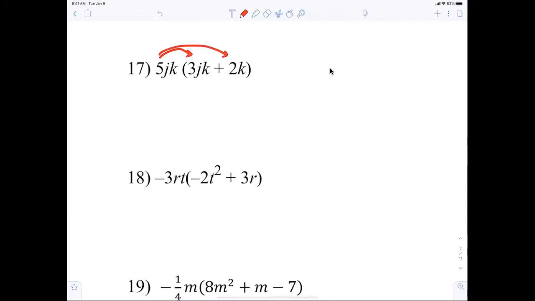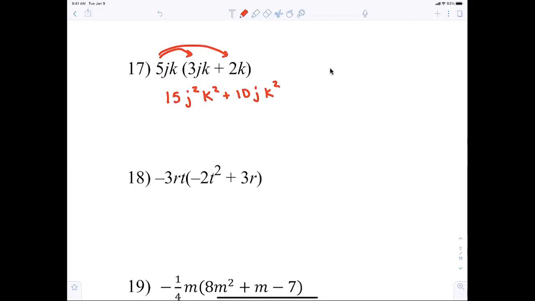Distributing: 15j squared k squared plus 10jk squared. Anybody have any issues?